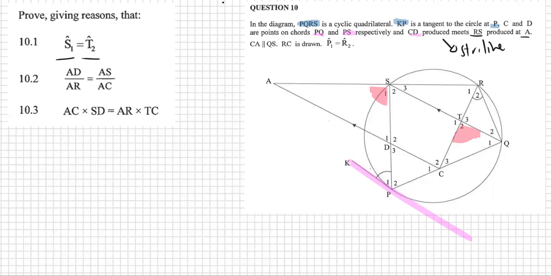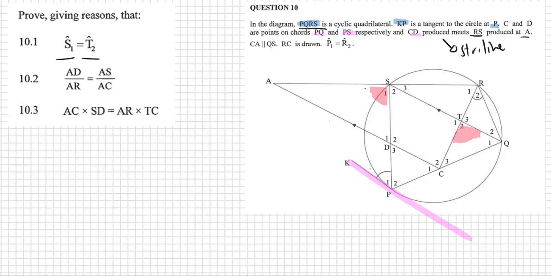This one, oh, not a fun question to work through. So the first thing that I noticed is that it was given, I always try and start with the information given. So it was given that PQRS is a cyclic quad.